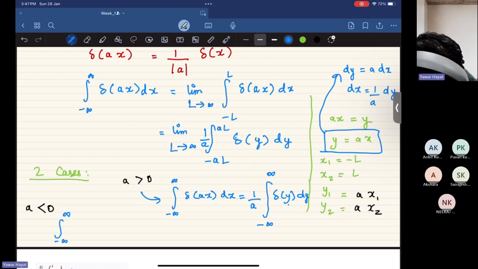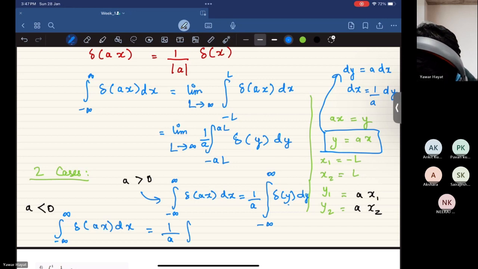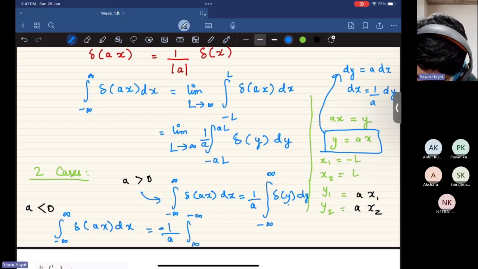So minus infinity to infinity delta of ax dx is 1 over a. Okay, what I'll do is I'll absorb this minus sign. If I interchange the upper and lower limits, then I can take out a negative sign, right? I'll do that in this step. Minus infinity to minus infinity.